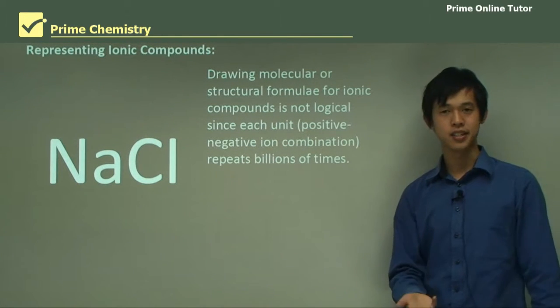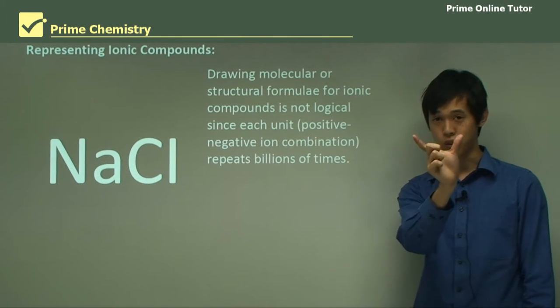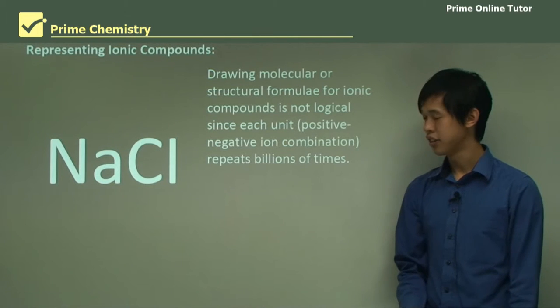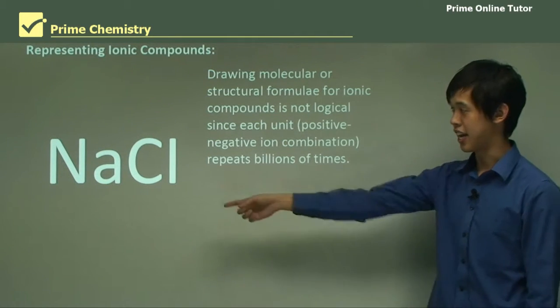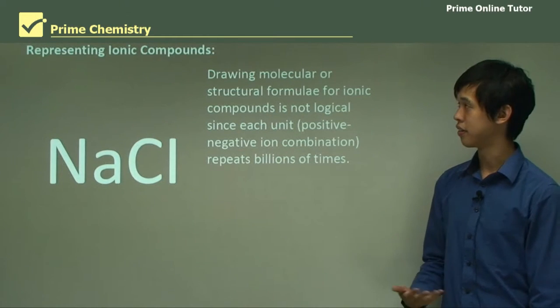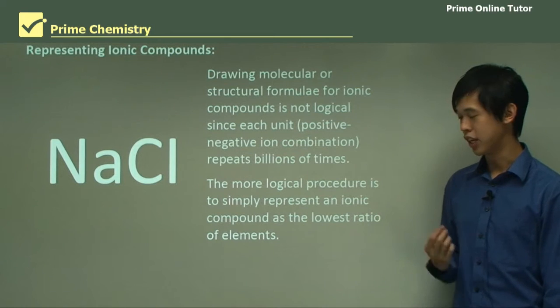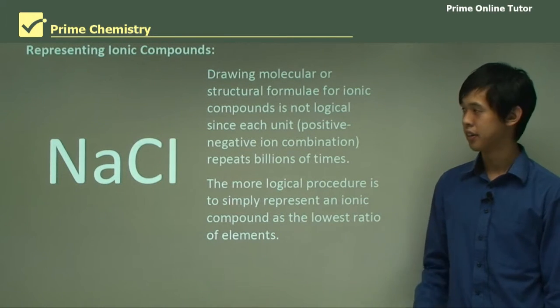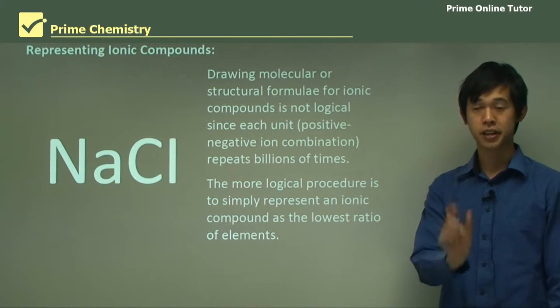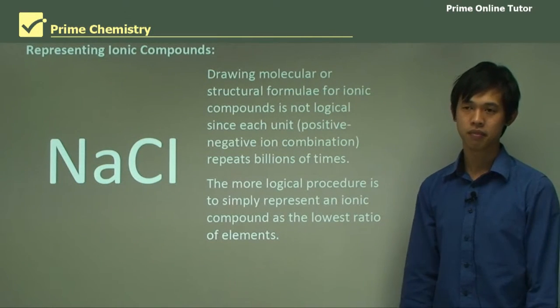So the easier thing to do would simply be to just write the simplest repeating unit. So the simplest repeating unit is just NaCl. That's the simplest one. And that's how we represent ionic compounds. So we just represent an ionic compound as the lowest ratio of the elements inside it, okay, which is the simplest repeating unit. So in this case, it's NaCl. Easy, okay?